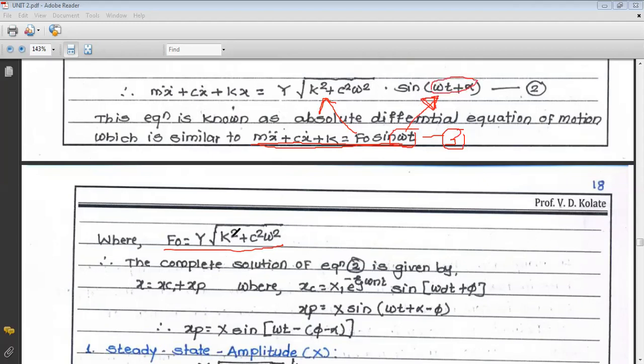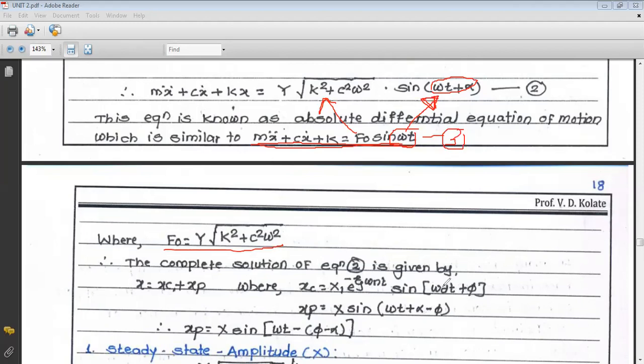Now we know that m x double dot plus c x dot plus k x equals f0 sine of omega t has two parts of solution, that is one is complementary function, another is particular integral. So if you take the part of complementary function, we know that xc is equal to x1 e raised to minus zeta omega n t sine of omega d t plus phi.